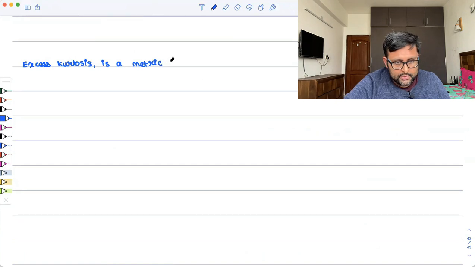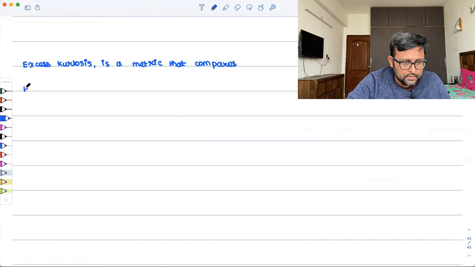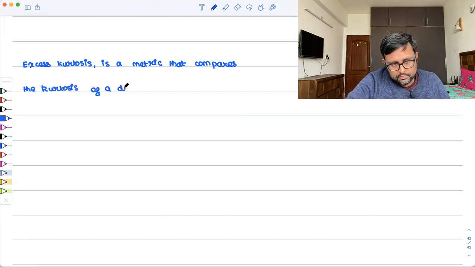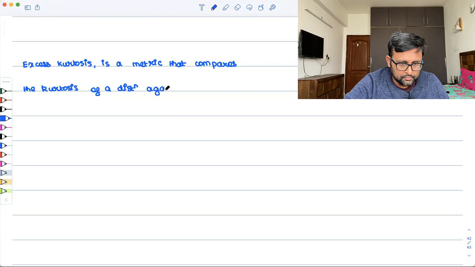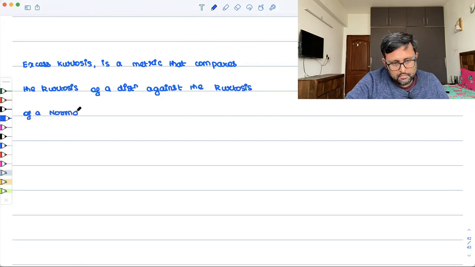Excess kurtosis is a metric that compares the kurtosis of the distribution against the kurtosis of a normal distribution.